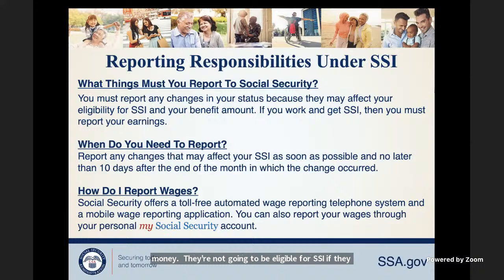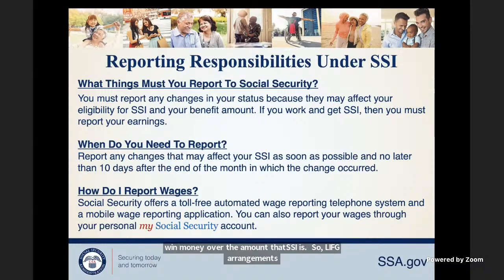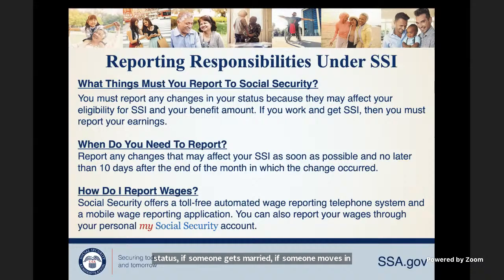Living arrangement status matters too. If somebody gets married, or moves in with somebody as a significant other, what we call a holding out spouse, they're holding out to the community as a married couple.